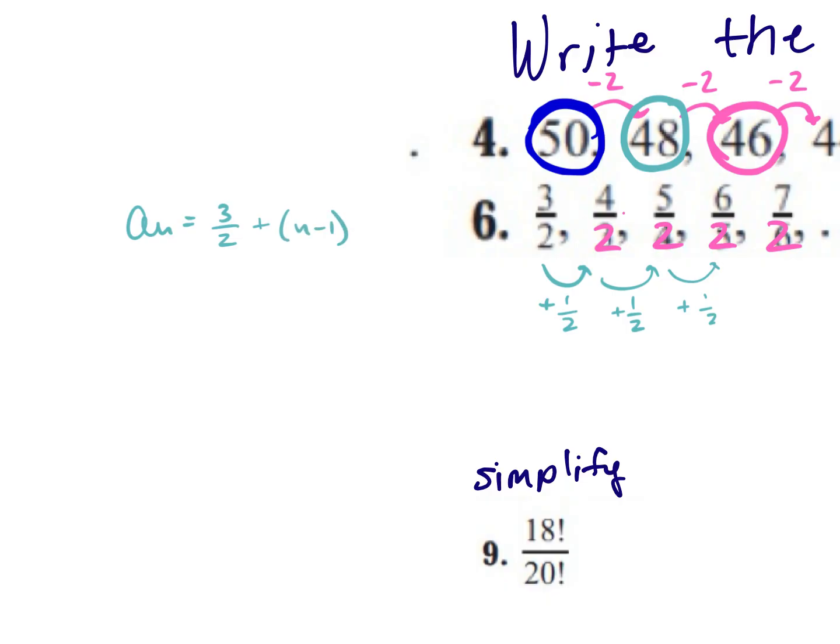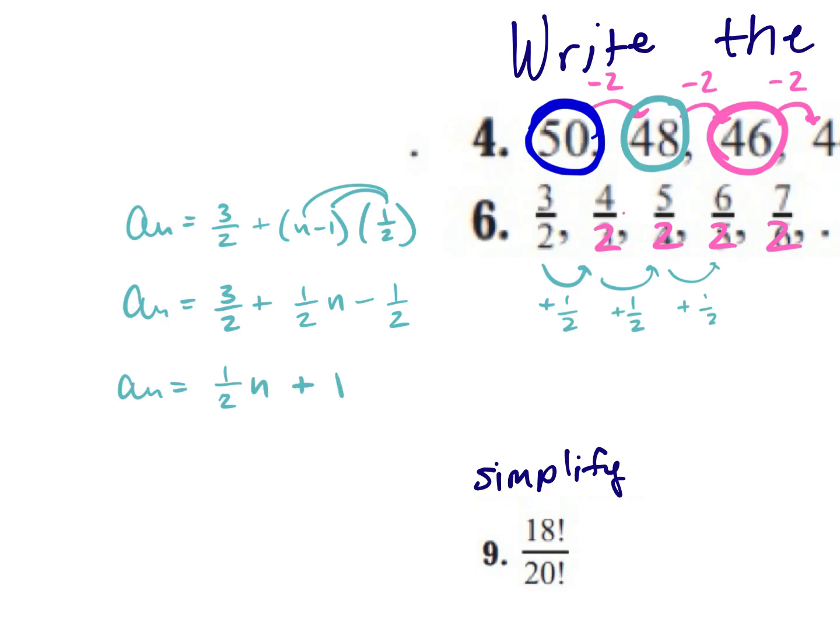What's d here? 1/2, perfect. So we would distribute. We get a sub n is equal to 3 over 2 plus 1/2 n minus 1/2. So a sub n is equal to 1/2 n. This would be 3 minus 1, which would be 2 over 2, so plus 1. You're welcome. Yeah, you'll get something that's geometric or arithmetic. This one just happened to be neither.